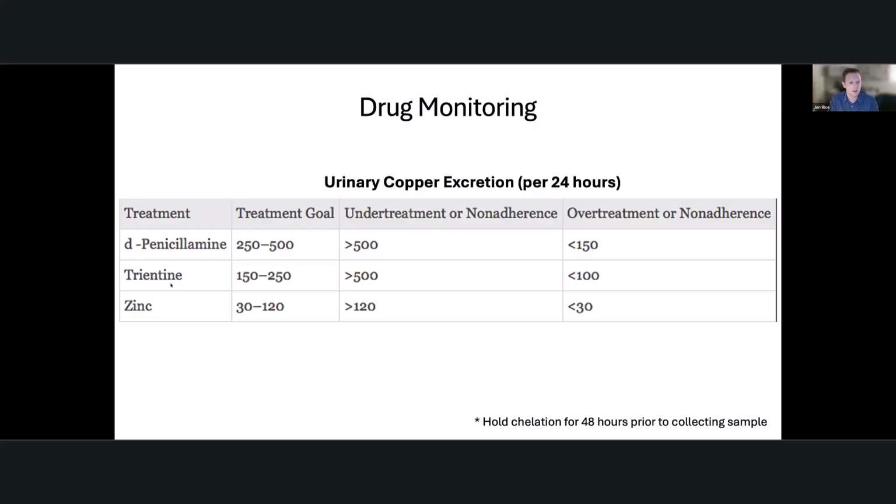And then zinc, you can see here, you're shooting for more in the 30 to 120 range. So these are important because we need to serially monitor these to make sure that we're not over or under treating, making sure that patients are compliant, and knowing when we can start either backing off or need to escalate dosing.